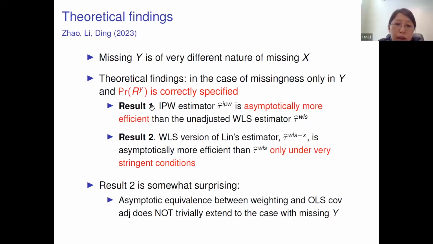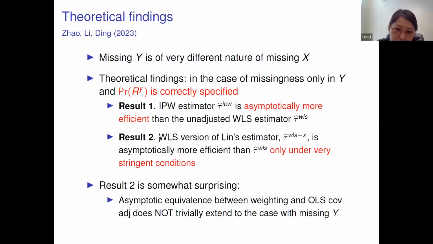Two very interesting things. First, the IPW estimator is asymptotically more efficient than the unadjusted weighted least squares estimator. So basically, doing IPW with all the covariates is asymptotically more efficient. Okay, so that justifies why you do the covariate adjustment, using weighting. But somewhat surprisingly, we find the second result.